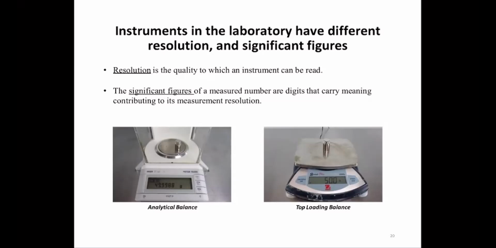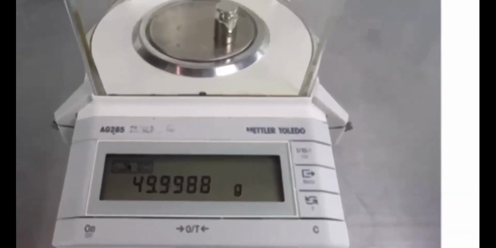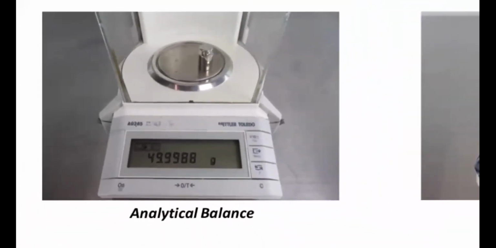No problem. So tagging along with the whole idea of resolution. I'm illustrating here two different types of instruments that we have in the laboratory for measuring mass. The instrument on the left is known as an analytical balance, and as you can see on the screen, it shows many digits.